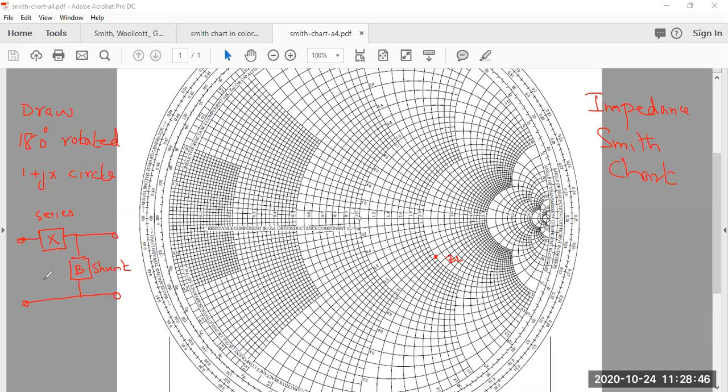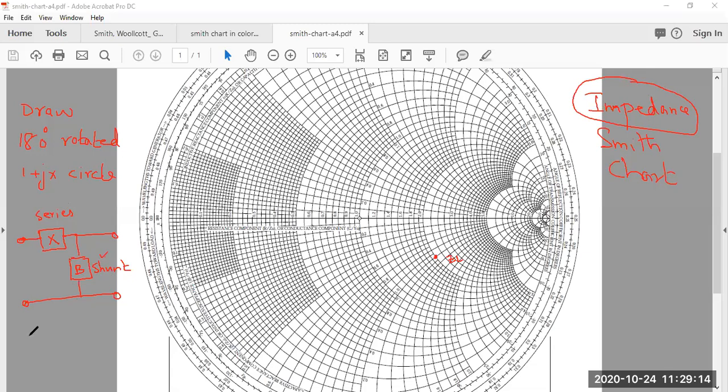As an electrical engineer, whenever you are solving a circuit in which elements are connected in series, normally you operate in impedance mode. You solve your problem in terms of impedances. But if your elements are connected in shunt or parallel configuration like this one, it will simplify our analysis if we operate in admittance mode.